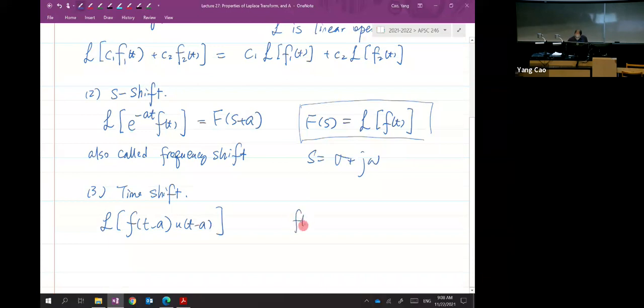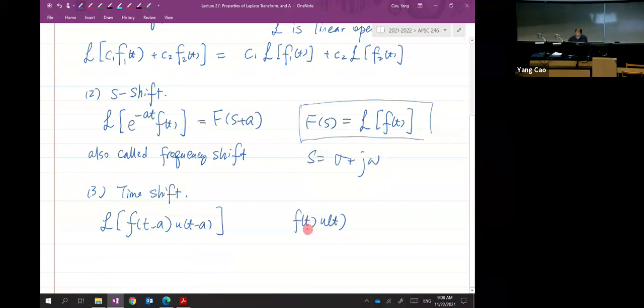Essentially, here is your original function, f of t times u of t. So any function times a unit step function, and you end up with just a causal signal, right? Because the unit step function cuts off everything when t is less than 0.